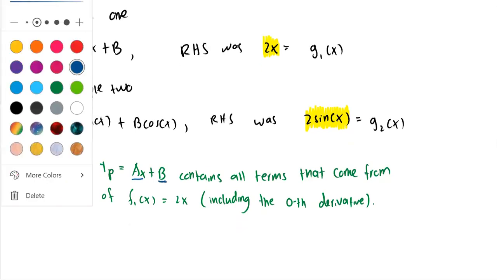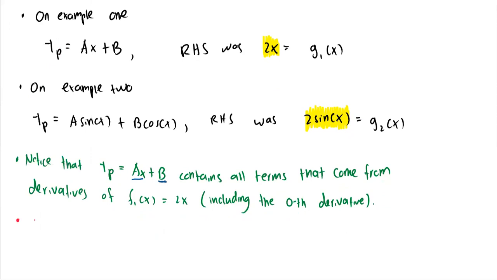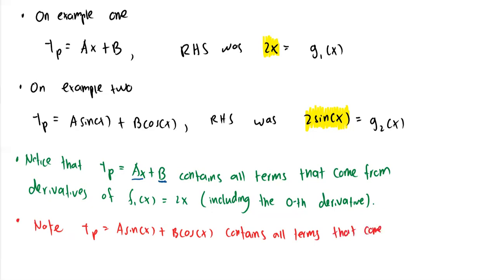So let's do it in another color. Let's use red. I'm just basically going to write the same thing, and you'll see that it works. Note that y sub p equal to a sine x plus b cosine x contains all terms that come from, or show up in, derivatives of g2 of x equal to 2 sine x.